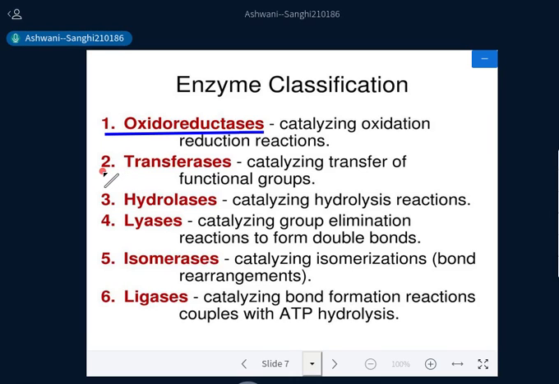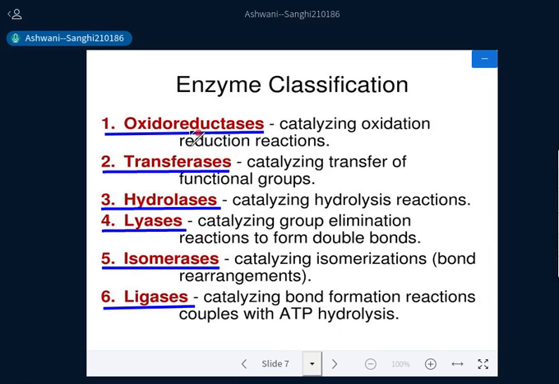Second class, transferase. Third class, hydrolase. Fourth class, lyase. Fifth class, isomerase. Sixth class, ligase.